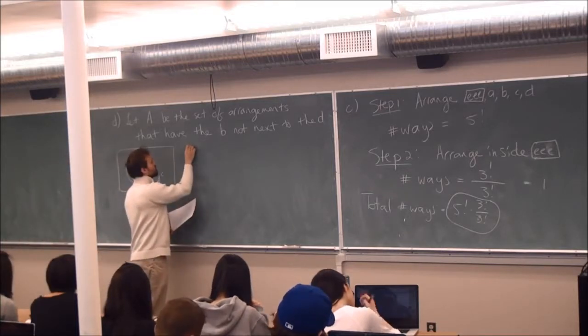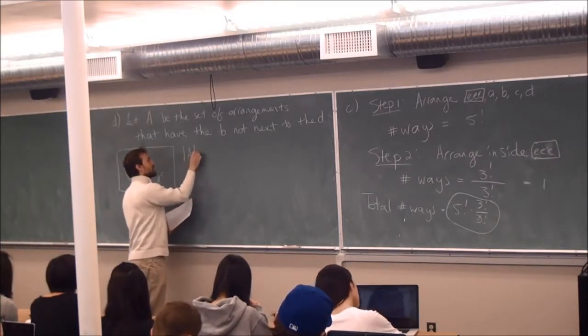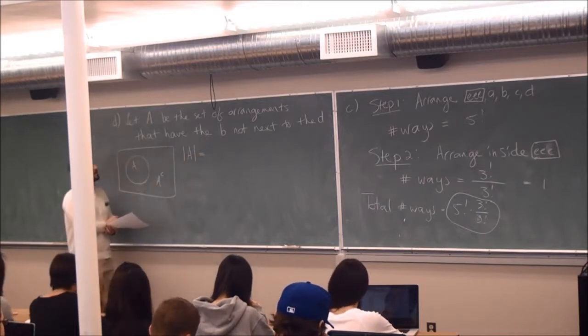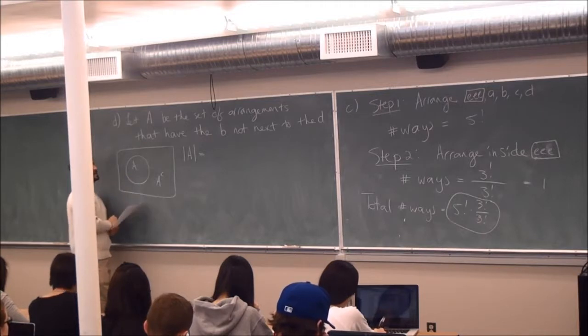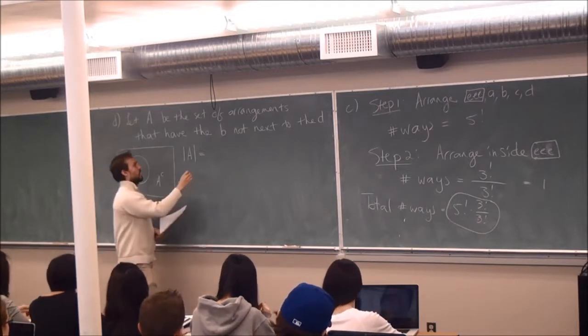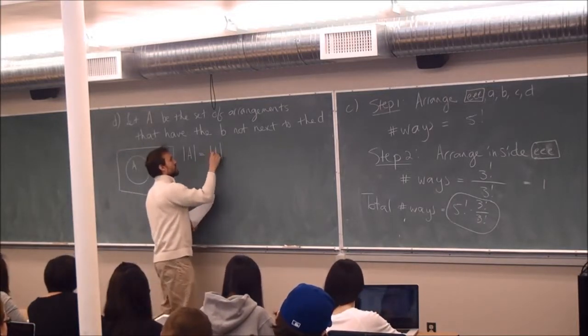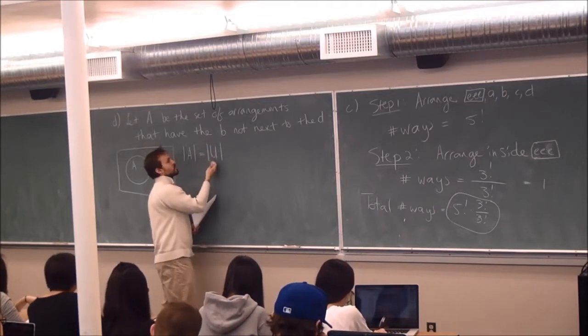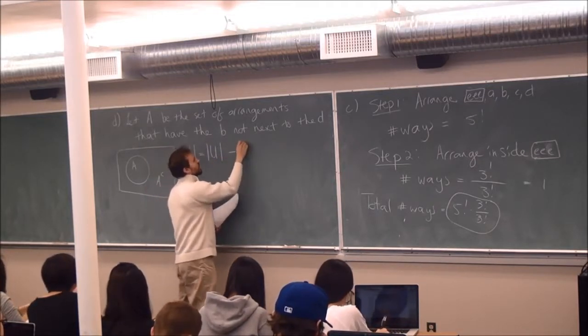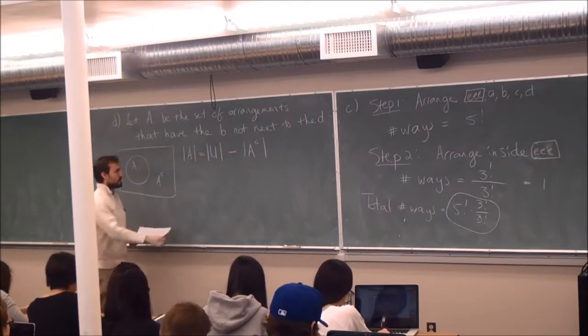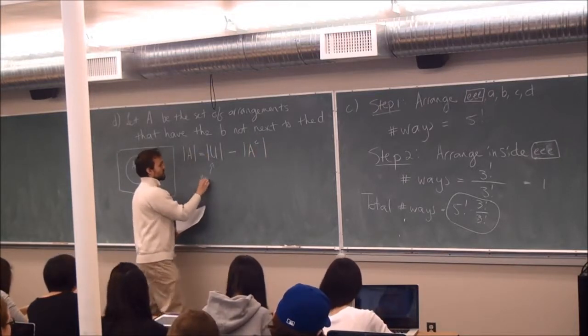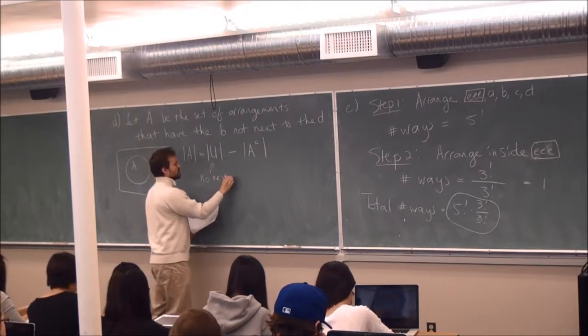So, if I want the number of arrangements that have what I'm looking for, the B and the D separated, I can do that indirectly by counting everything without any restriction and take away the complement. So let's say here, this is no restriction.